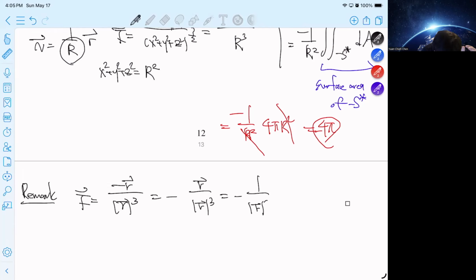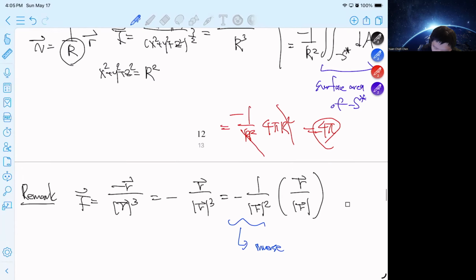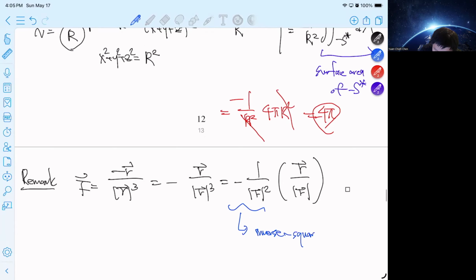It's 1 over r squared times the unit vector r over r. This is the inverse square law. Gravitational force, electric force, and magnetic force all satisfy this.